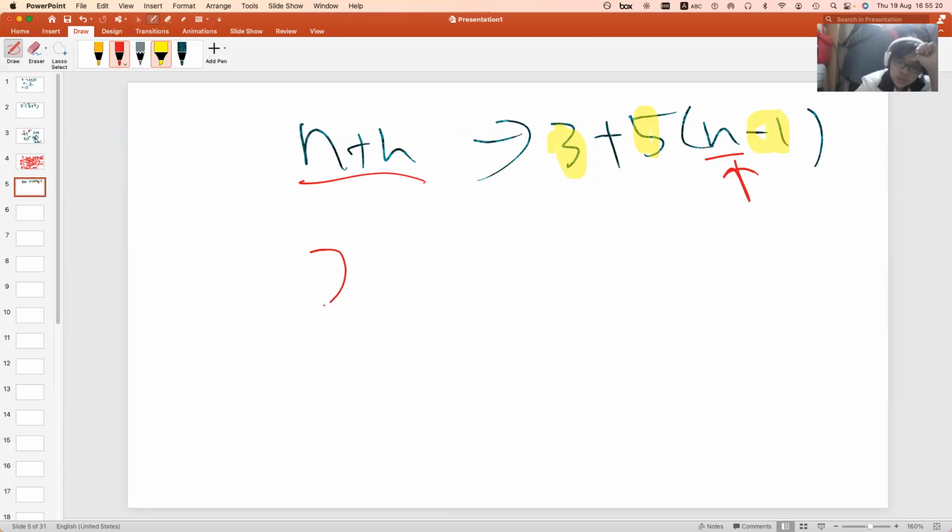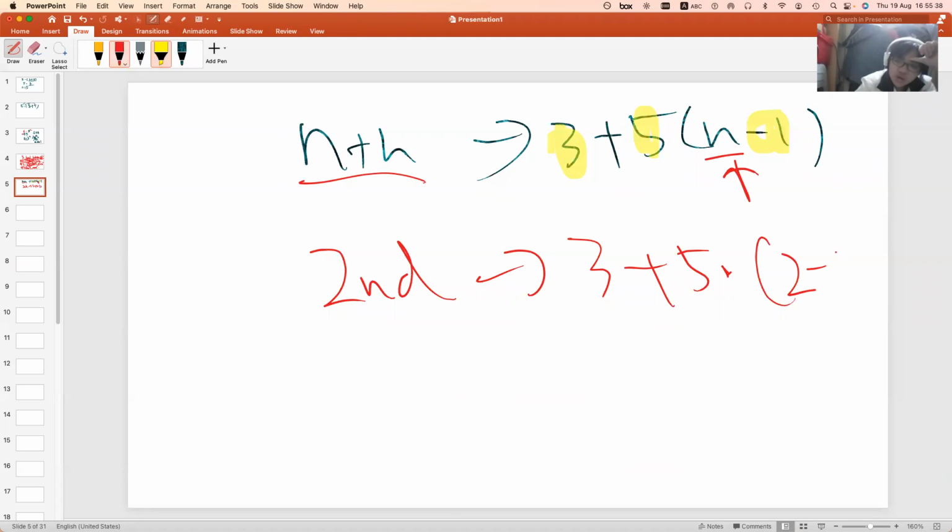So if they ask you for the second term, what are you going to do? 3 plus 5 times 2 minus 1. Why? Because only the n can change. Exactly.